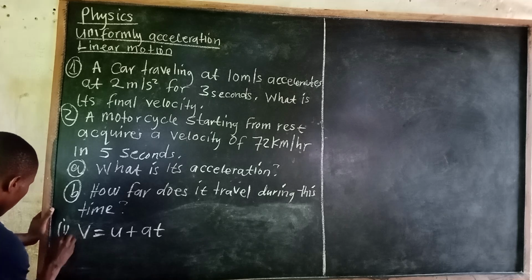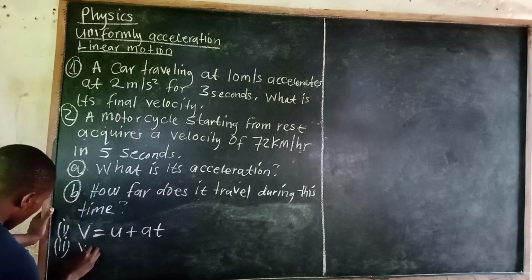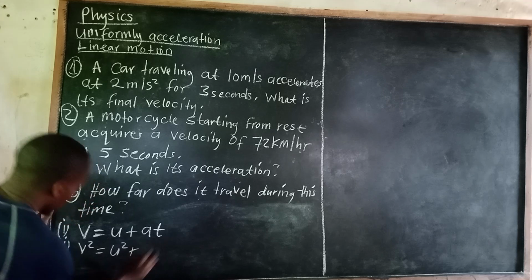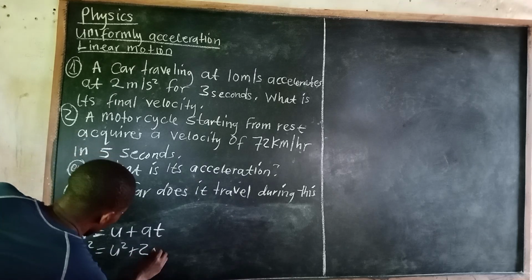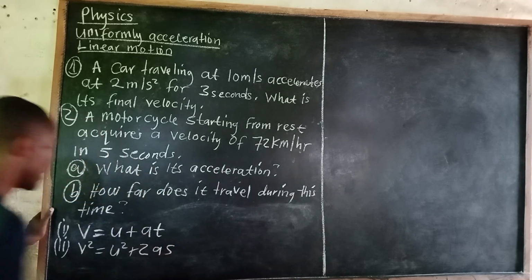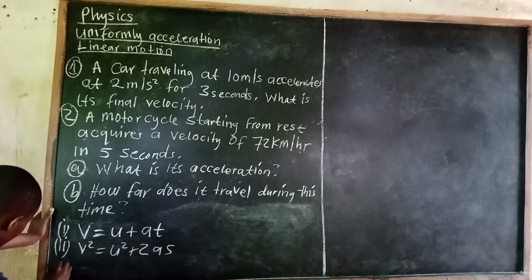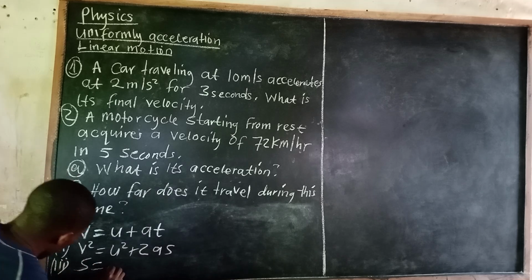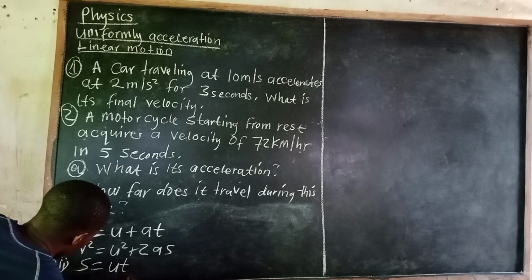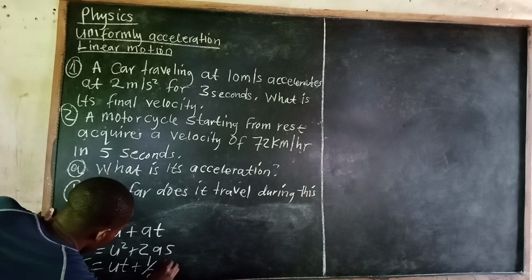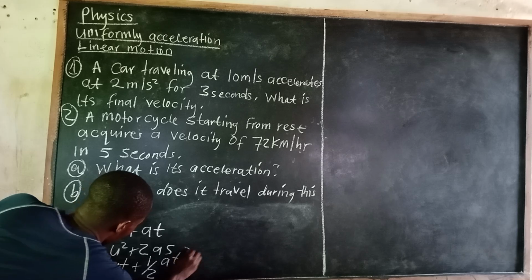Two: final velocity squared is equal to initial velocity squared plus 2 times acceleration times distance or displacement. Three: displacement is equal to initial velocity times time plus 1/2 acceleration times time squared.